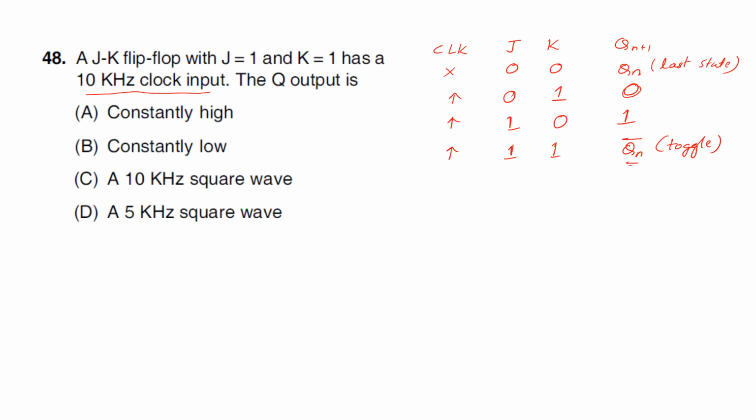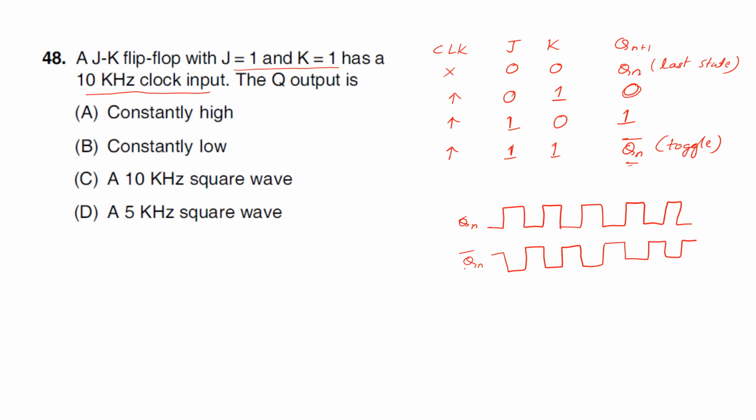Therefore, given that J is equal to 1 and K is equal to 1 and a 10 kilohertz clock input is given, if it is Qn, then Qn bar is the output. So it is a square wave only. Therefore, option C is correct.